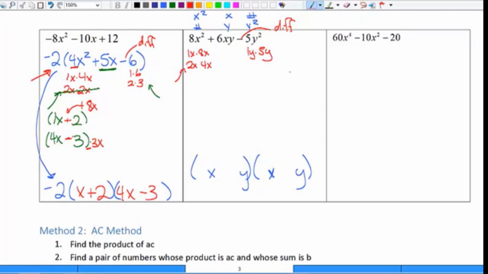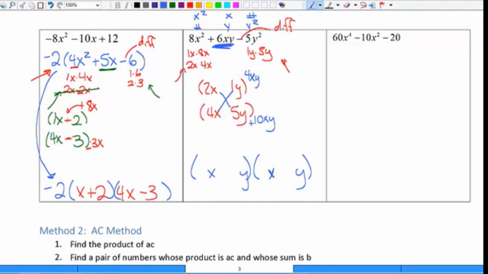Again, I told you to start at the bottom of your list, right? So I'm going to try 2 and 4, and then I'm going to try 1y and 5y. And then I cross multiply, I get 4xy and 10xy. Using one of each sign, can you get to a positive 6xy?